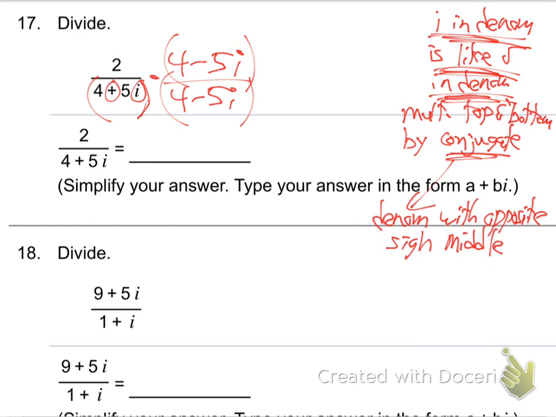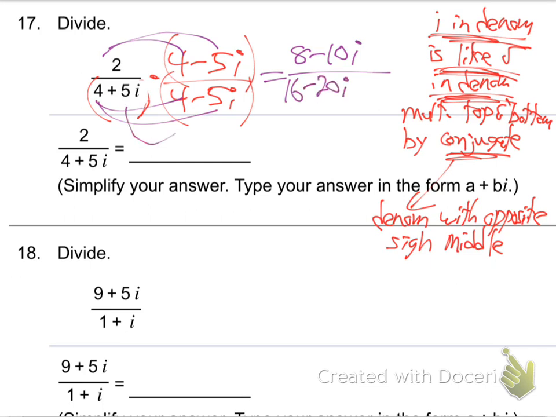You multiply by the conjugate, the denominator with the opposite sign in the middle. Okay, so what becomes of that? Well, this 2 distributes. You get 8 minus 10i. On the bottom, boom, boom, that's 16 minus 20i, boom, boom, plus 20i, and plus 5i and minus 5i is minus 25i squared.